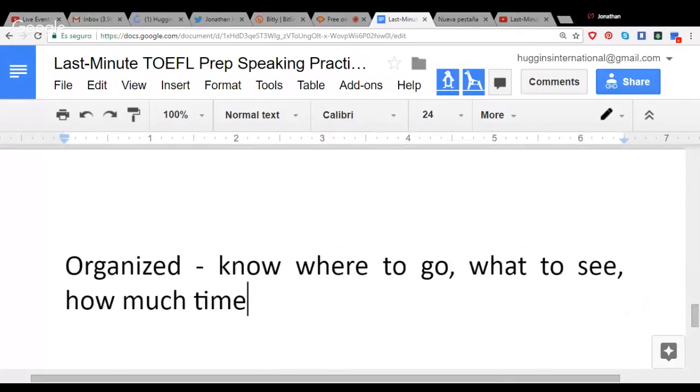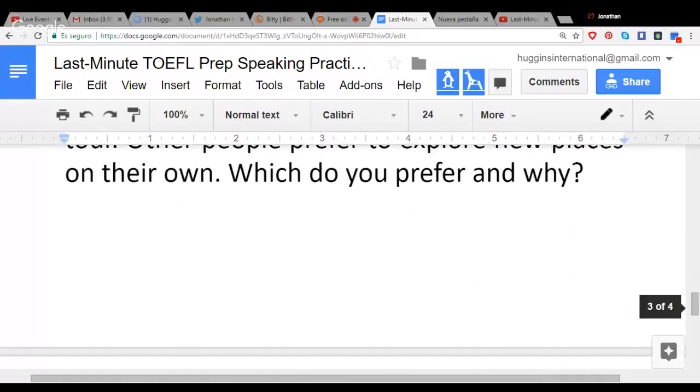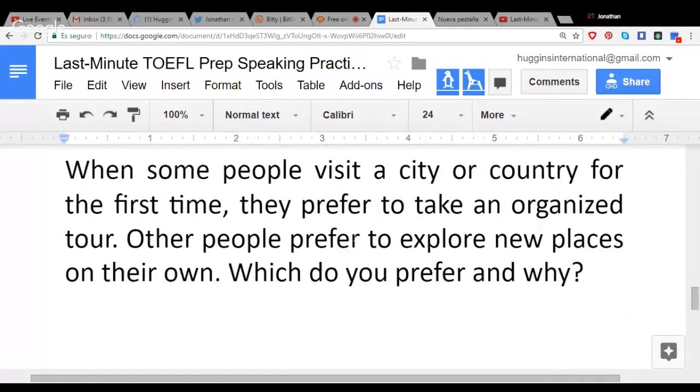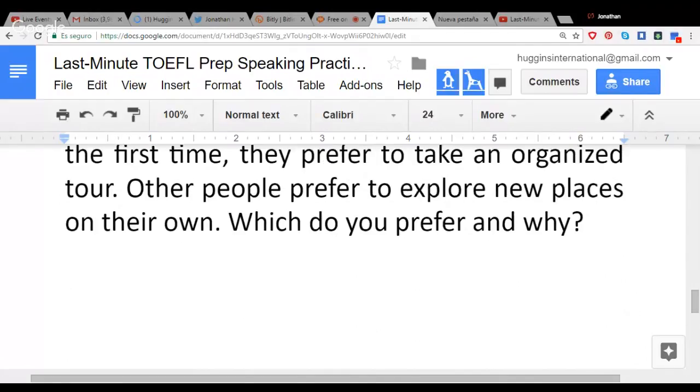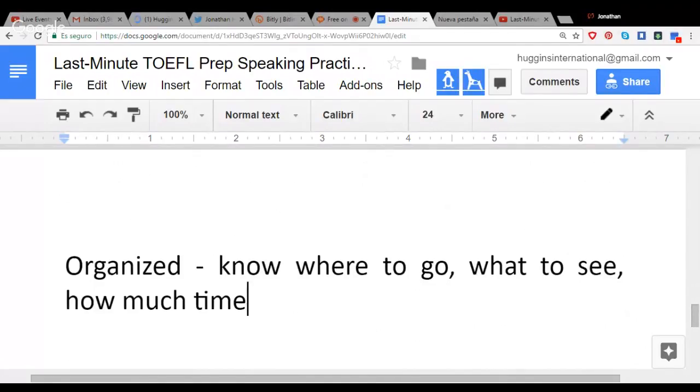Though traveling to a new city or country on your own and exploring those new places might give you a lot of freedom, I think if it's a new place that you've never been to before, personally, I would prefer to take an organized tour because I don't necessarily know where to go or what to see.